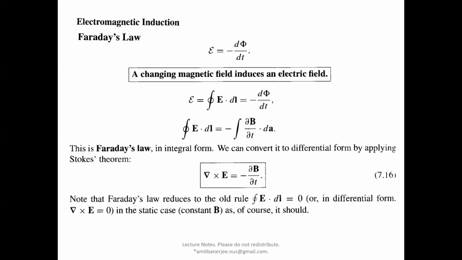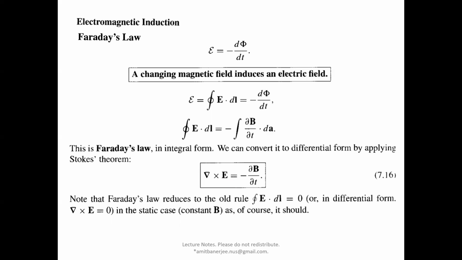So the electromotive force is equal to the negative of d psi by dt, which is the changing magnetic flux, which induces an electric field. That we know from Faraday's law. And the EMF can also be defined in terms of a closed line integral of electric field E dot dl. And that gives us the integral form of Faraday's law.